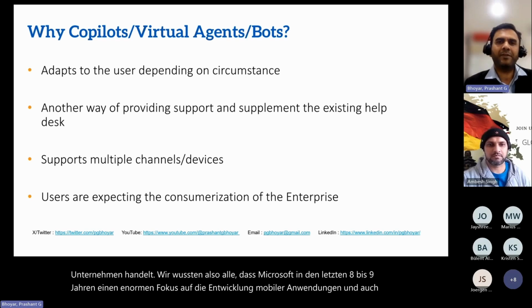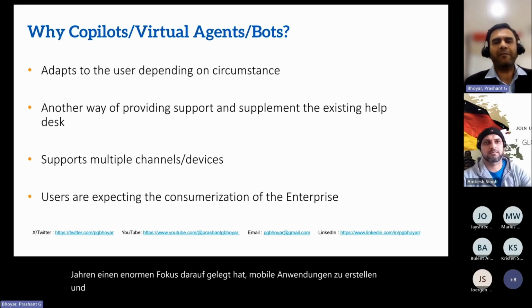And another shift that we are seeing is that users are now expecting consumerization of the enterprise. What does that really mean? Let's say you're getting familiar with using Copilot or ChatGPT, or let's say Azure Copilot or Power Platform Copilot. More and more users will now start expecting a similar experience if you're creating any custom app.